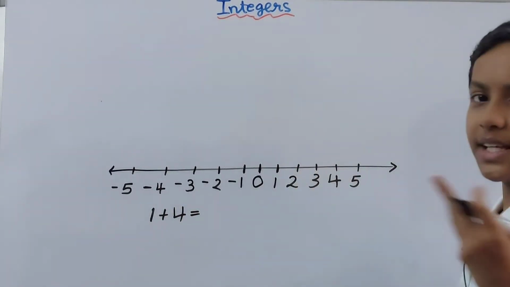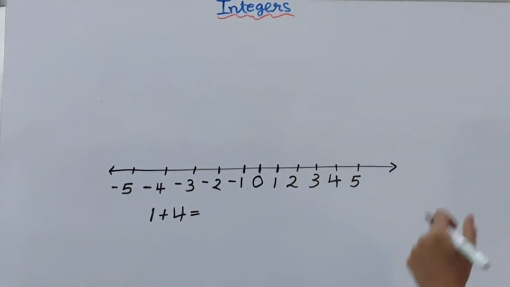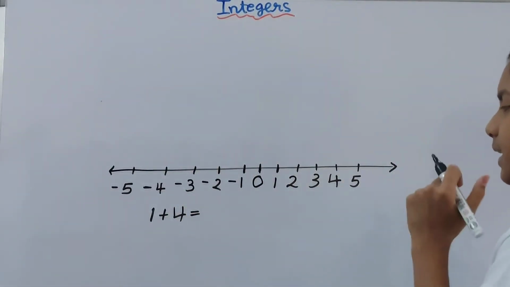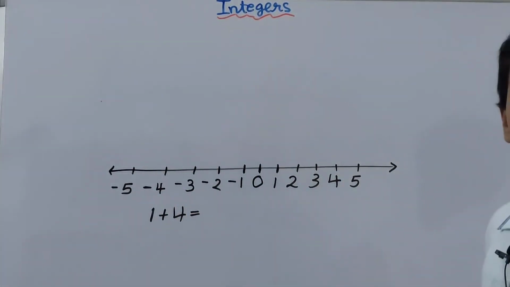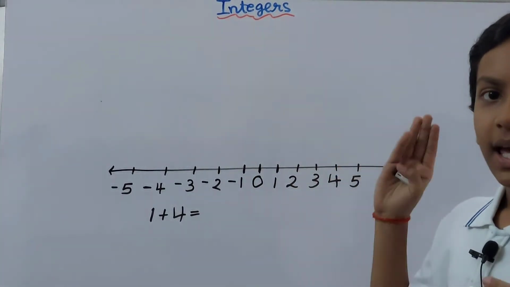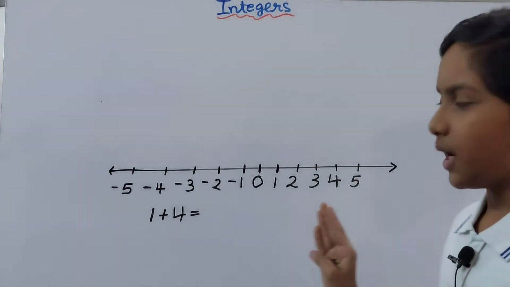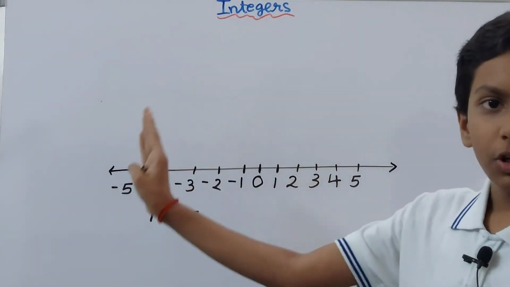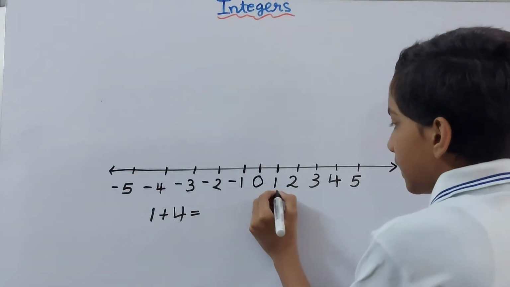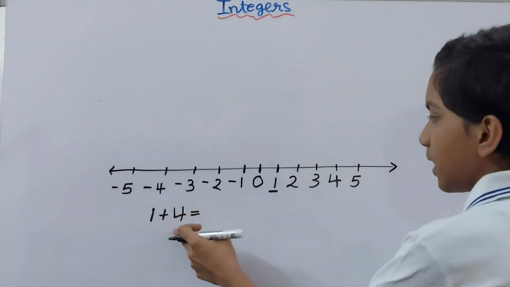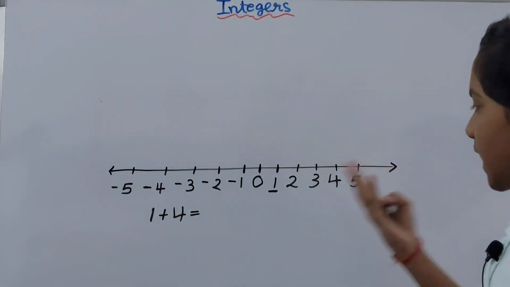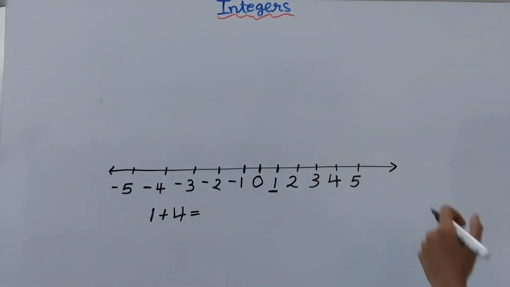So this is very simple, you all might be able to do, but here if you are doing this on a number line, remember this, whenever you are adding, you have to go from left to right, and whenever we are subtracting, we have to go from right to the left, okay? So here we have 1 here, so 1 is over here, and next number we have to add 4 times, so we should move 4 times to the right to find the answer.